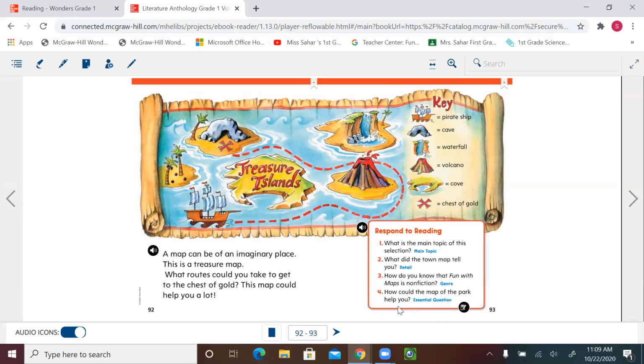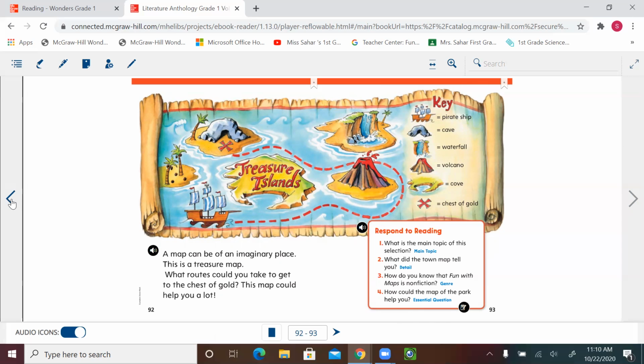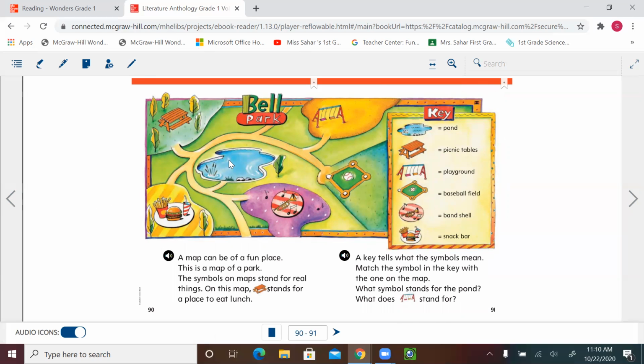How could the map of the park help you? If I go back here, I know it helped me when I look at that key, which tells the symbols for places. So I know that if I want to go sit around the pond, if I want to have a picnic, I know where to go.